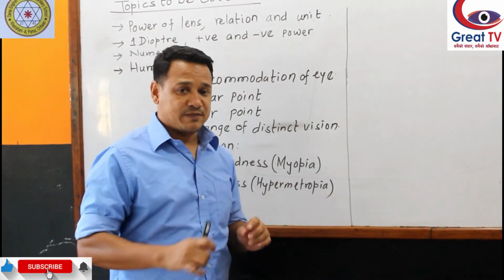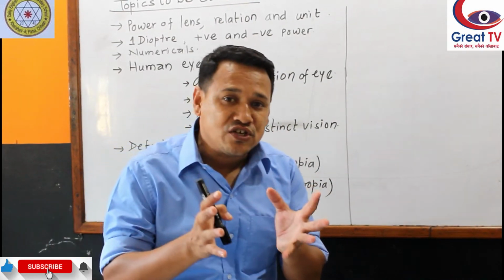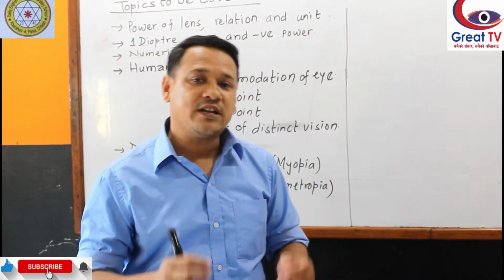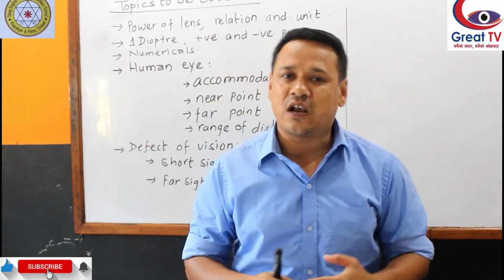Power of lens means the capacity of converging or diverging the light rays by a lens, or you can define it as the reciprocal of focal length of a lens.